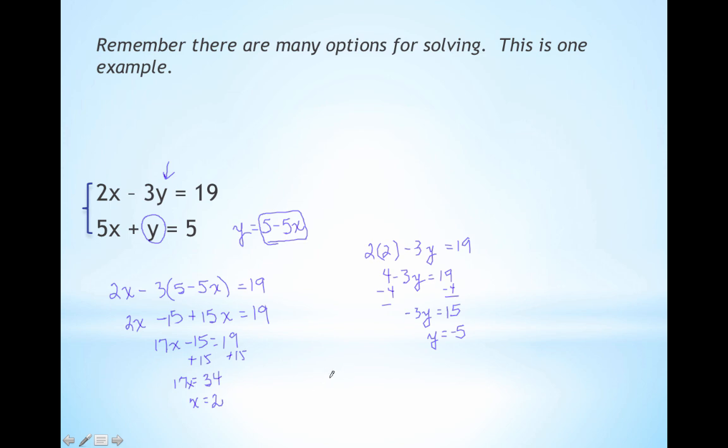So I know the solution to this system of equations is an x value of 2, a y value of -5. And again, I'm going to check that solution by plugging those values into both equations. 4 plus 15 does equal 19, and 10 minus 5 does equal 5. So this is in fact the solution to this system of equations.